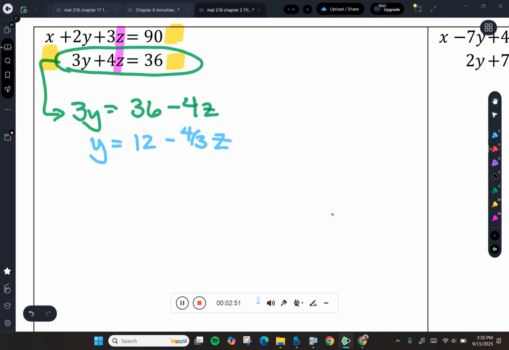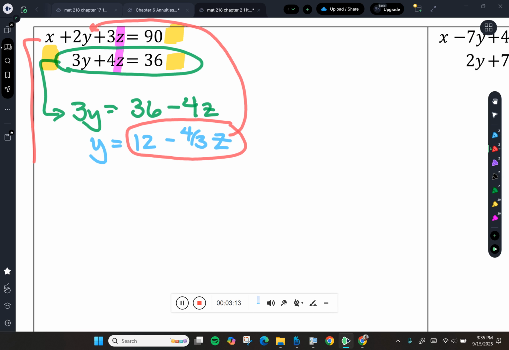The next thing we'll need to do to finish this parameterization is to find x in terms of z. So I'm going to take this and put it back up into the first equation for y, a back substitution. Then I'll have a single equation with only x's and z's in it, and we'll be able to solve for x in terms of z.